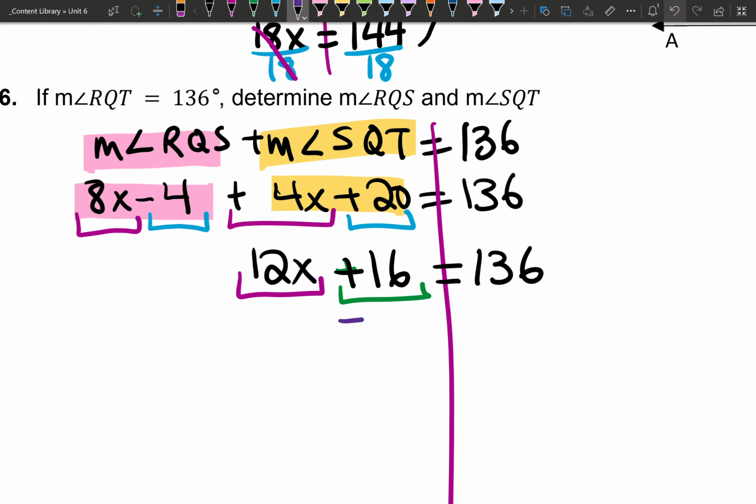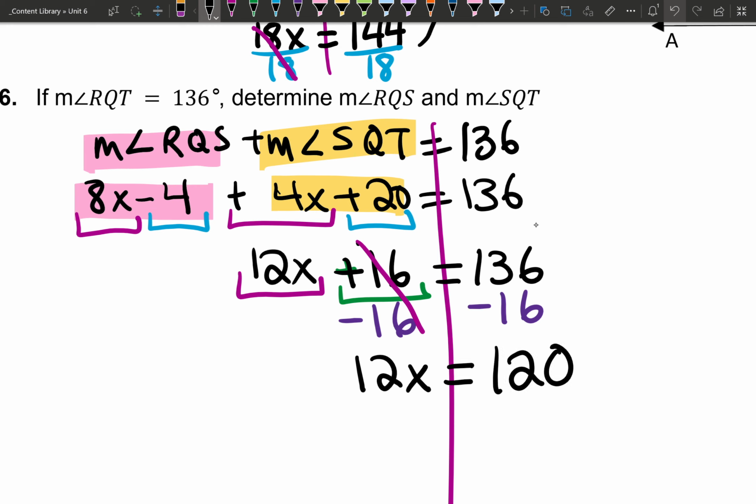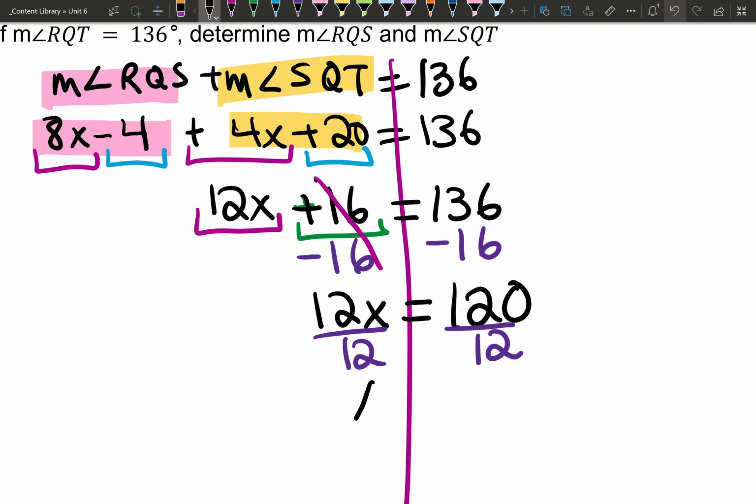Let's subtract 16 from both sides. Okay, so we have 12x remaining, and it equals whatever 136 minus 16 is, which is 120. Excuse me. And what should our last step be? That's right. Let's divide by 12. And we get that x equals 10.